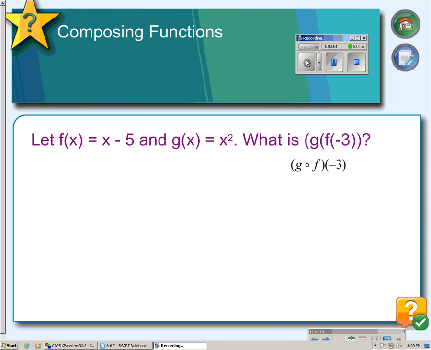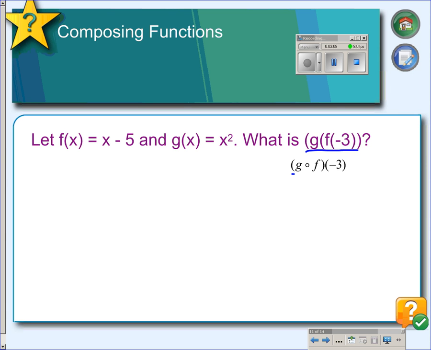Okay, here's an example. We have g of f of x or g of f of x. These two notations mean the same thing. So the first thing we do, you start from the inside and you work your way out. So we're going to say x equals negative 3 in the f function.